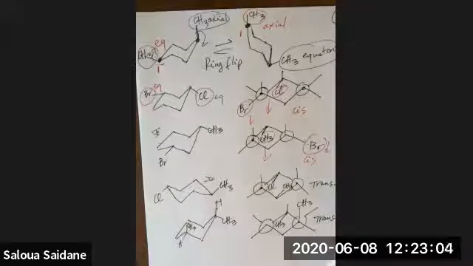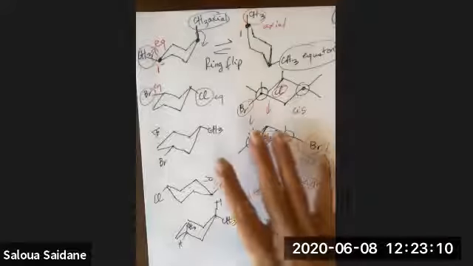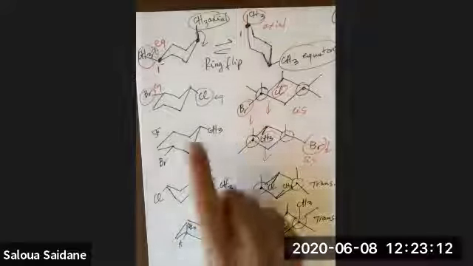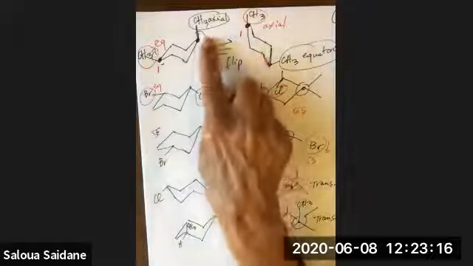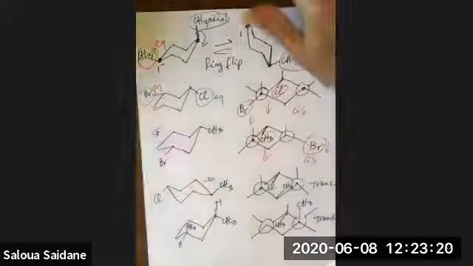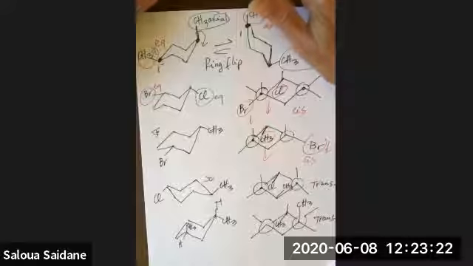For normal alkanes, you go from eclipsed to staggered to eclipsed to staggered. For cyclohexane, you go from one ring to another. The axial becomes equatorial, and the equatorial becomes axial. And that concludes this part of the chapter, of the module, I should say. Thank you.